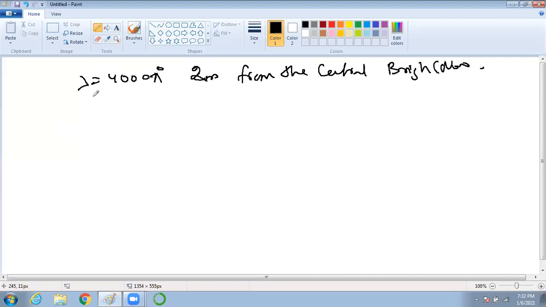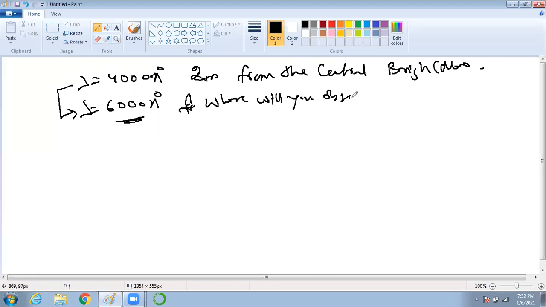If the wavelength is changed to lambda equal to 6000 angstrom, now I changed the wavelength. Clear? Where will you observe the fourth minima from the central bright?